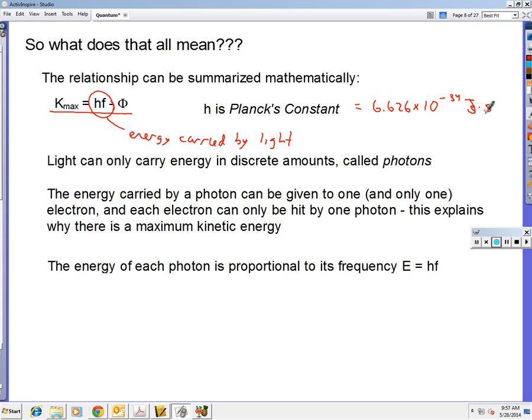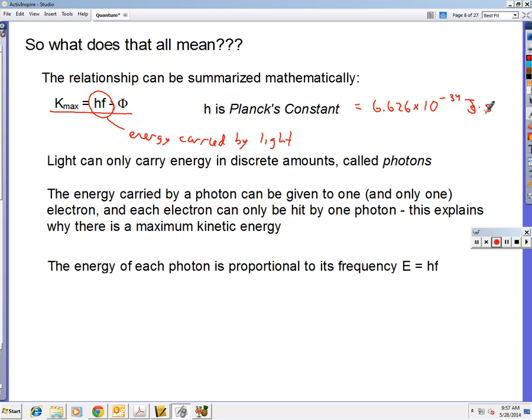And what we come up with is that light can only carry energy in discrete amounts, and we call that amount a photon. The energy carried by a photon can be given to exactly one electron. Also, each electron can only be hit by one photon. And that explains why there's a maximum kinetic energy, because each photon carries hf energy.